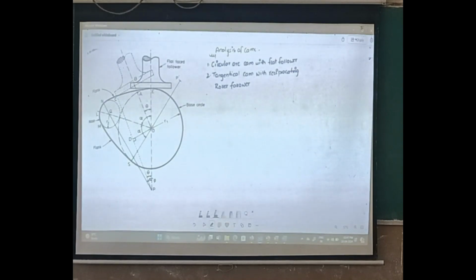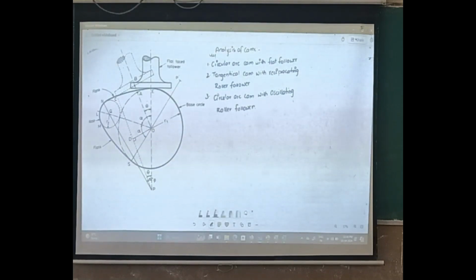The third one is the circular cam or circular arc cam with the oscillating roller follower. So these are the three cases that we are considering in the analysis of the cams.